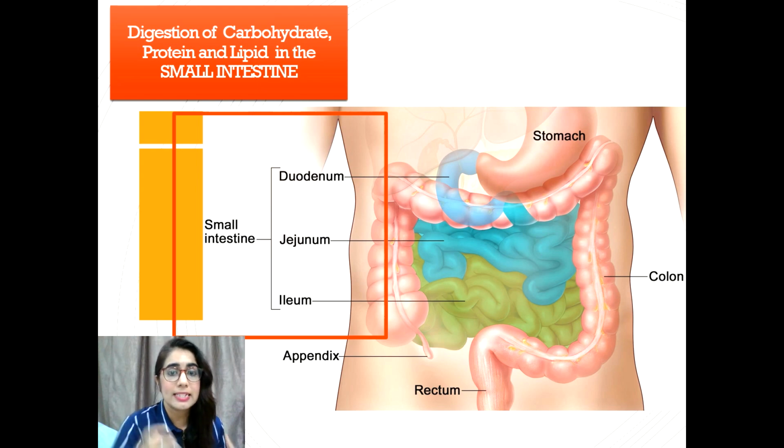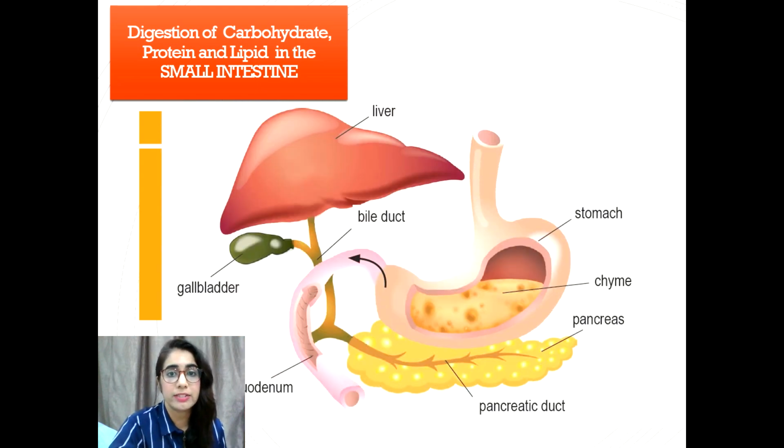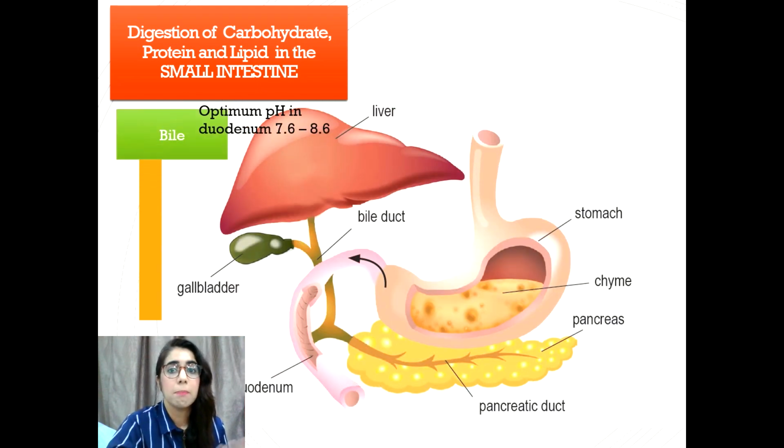Now, bile is an alkaline yellowish green fluid. Bile is produced in the liver and it is stored temporarily in the gallbladder. So bile in the gallbladder is secreted via the bile duct into the duodenum when needed.